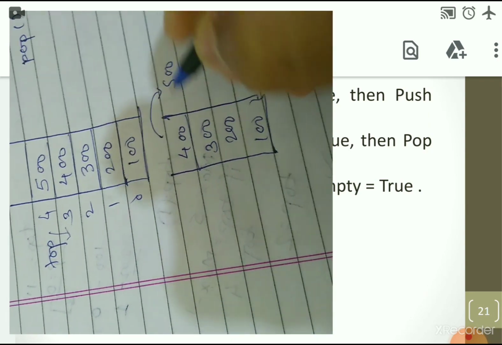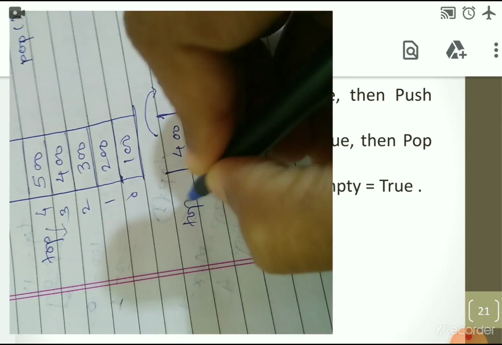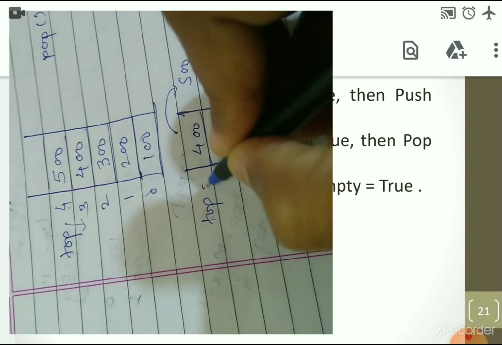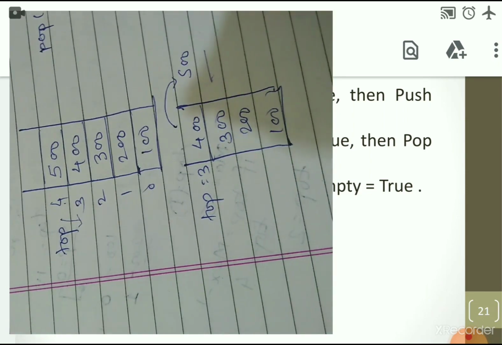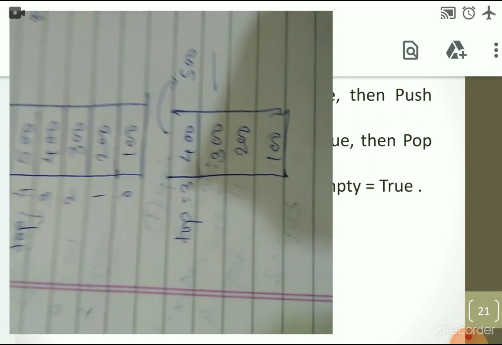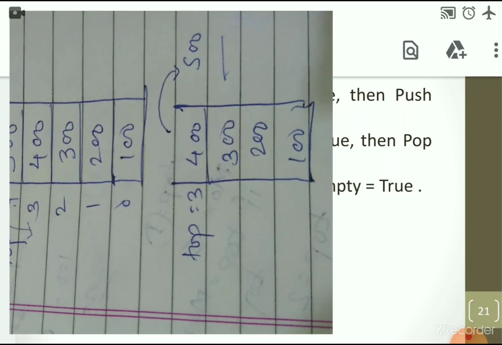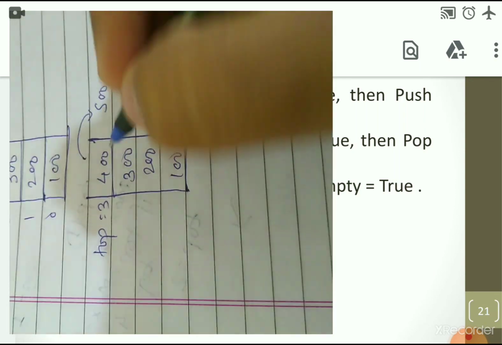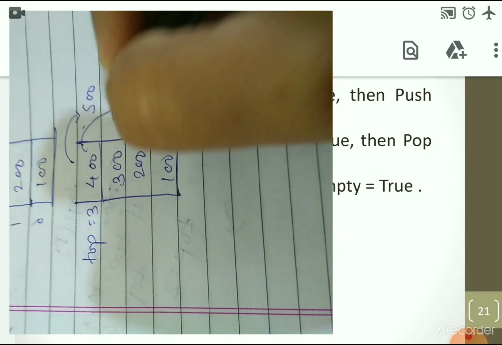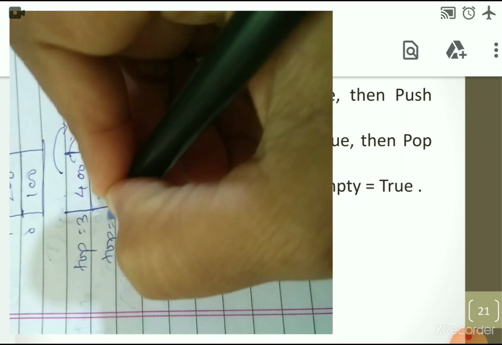So when we remove the 500, the top gets decreased. So from 4 it goes to 3. So top is equal to 3 now. We have removed 500. So we can print this element also, and you can say that the element is removed, 500 is deleted. Like that also you can pop out some element. If you want to delete one more element, the next element we have to remove is 400, and your top gets decreased to 2.